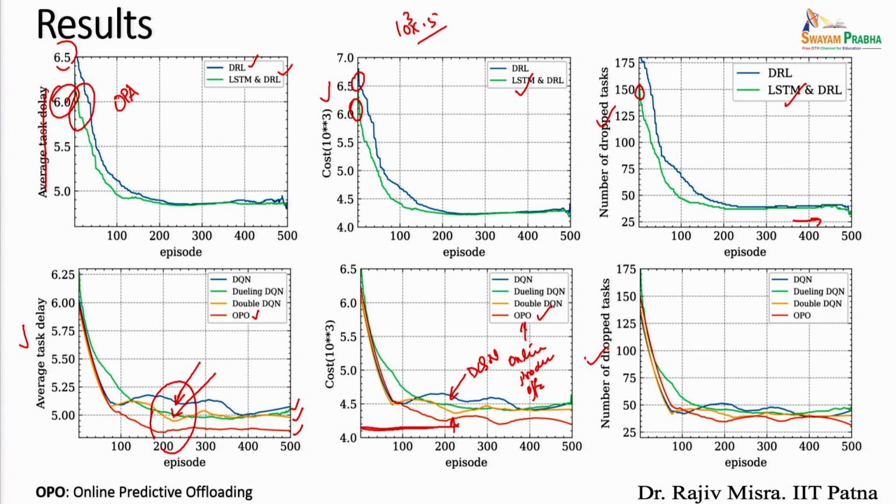If you compare, what you will find is that the number of dropped tasks is more in DQN, and the number of dropped tasks in OPO, the online prediction offloading algorithm, is quite reasonable, good, in performance.